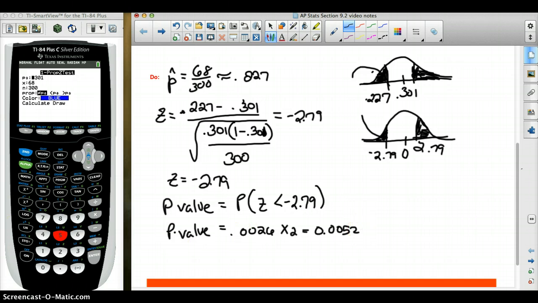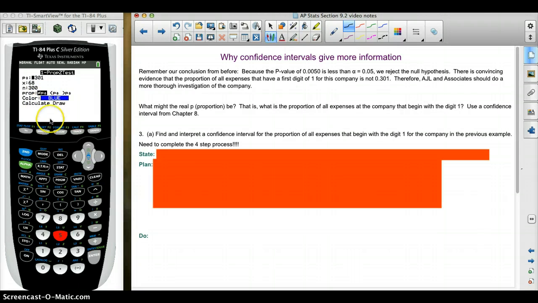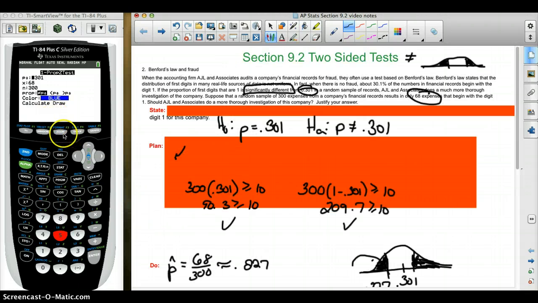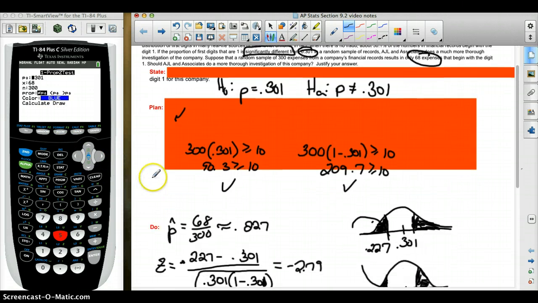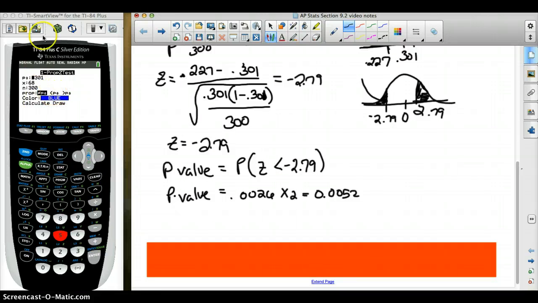If you were to use the calculator, you would go to your one-proportion z-test, you enter 0.301 for p, your null parameter, x is 68, n is 300. You choose the not equal to the null parameter, and you can click on draw.